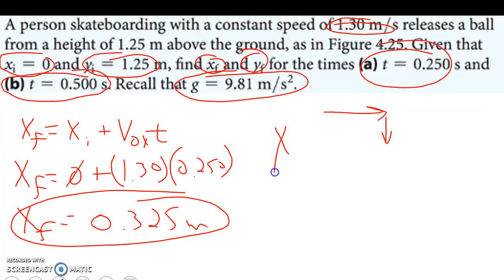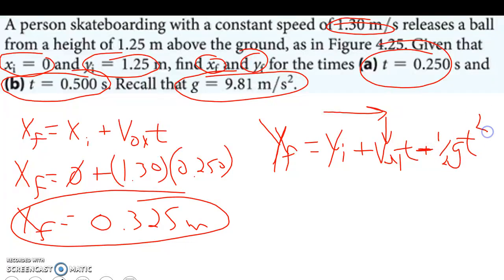For our y final, it should be y initial plus initial velocity in the y times t, minus 1/2 g t squared. So our y final is going to be 1.25 plus our initial y.